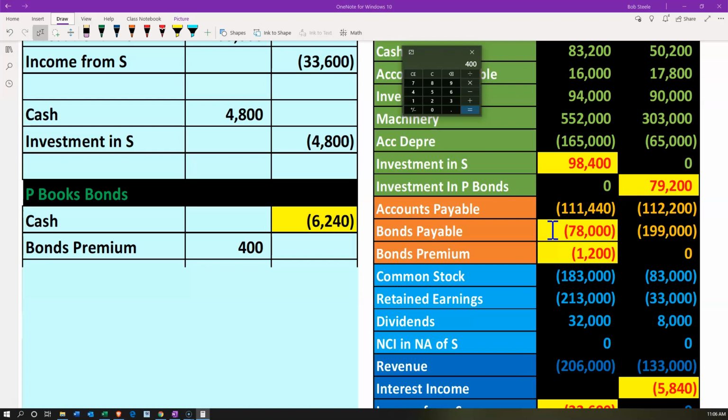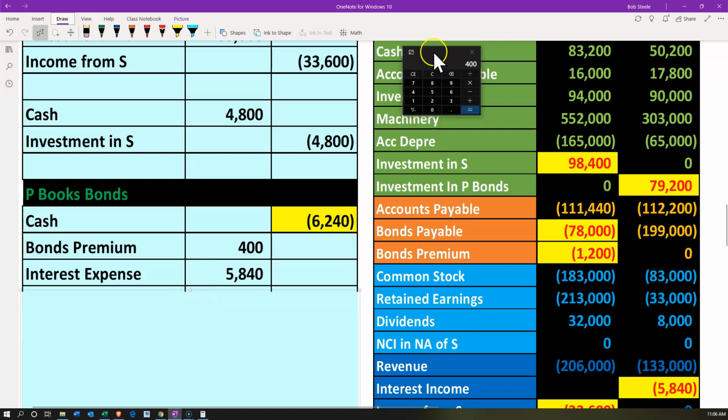The discount would be decreasing because it was sold at something less than face, and therefore it would have to be on the books as the opposite. Basically, a contra liability account would have to be a debit. And then you could think about how would we make one go down? Well, if this is a credit, then we're going to have to debit it to make it go down.